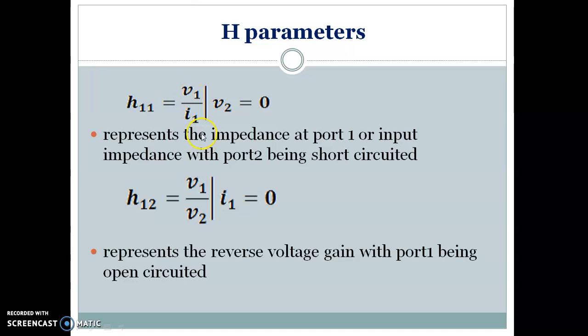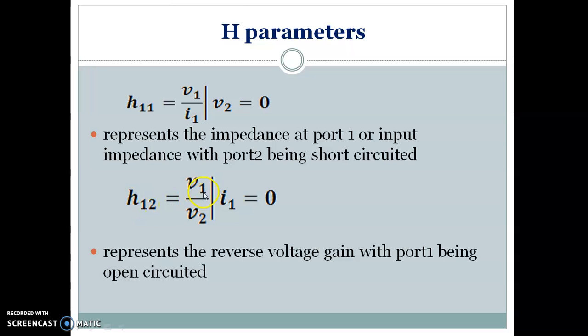H11 is given as V1 by I1 with V2 being 0. V2 being 0 means port 2 is short circuited, and it is the ratio of V by I. So it represents an impedance, and it deals with only port 1. Therefore I can call this an input impedance, or the impedance at port 1 with port 2 being short circuited.